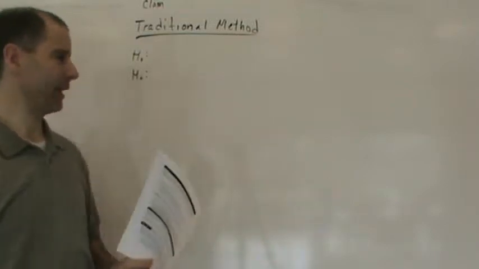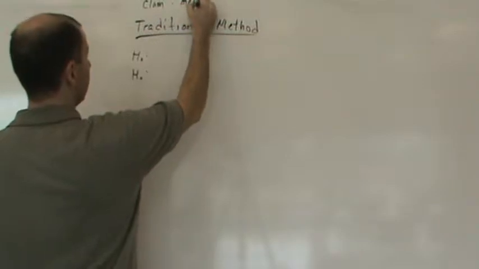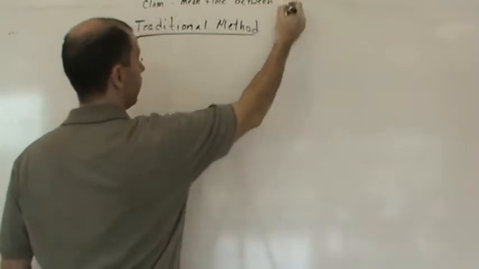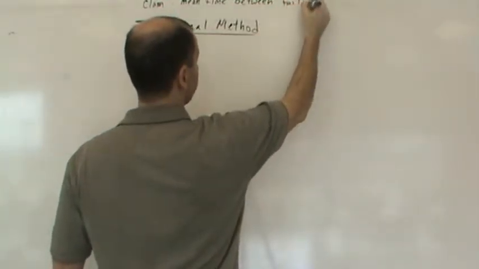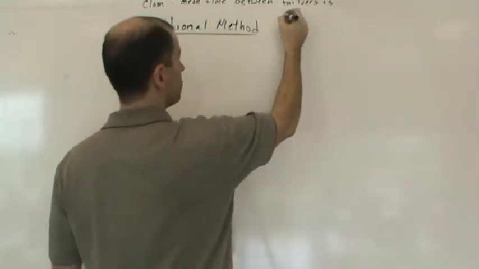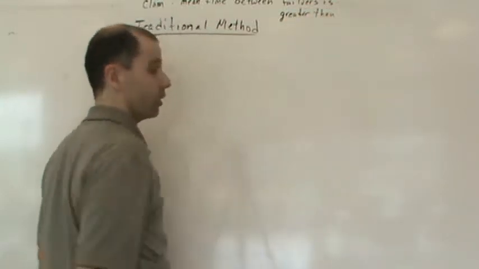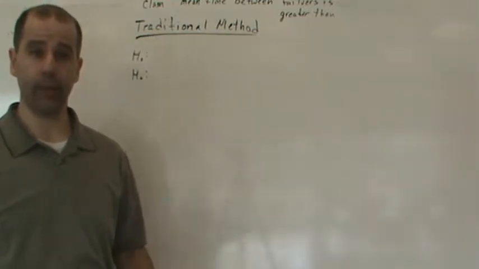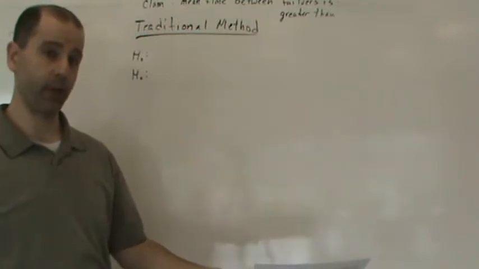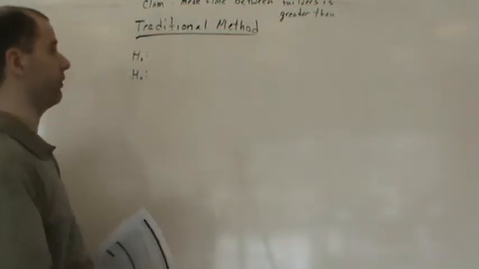So the claim is that the mean time between failures has increased, which means it's greater than before. The time between failures for the modified components is greater than the average time between failures for the old components, which we're told is 520.